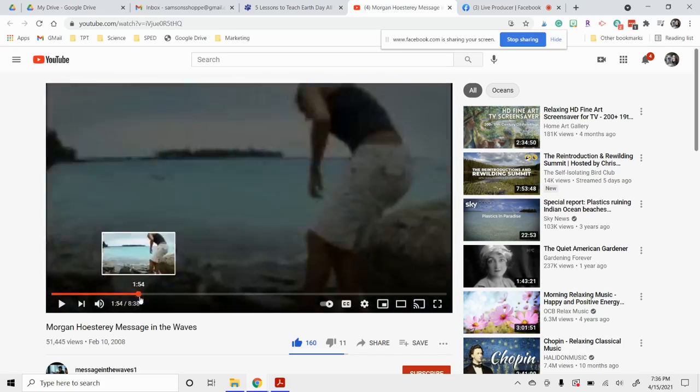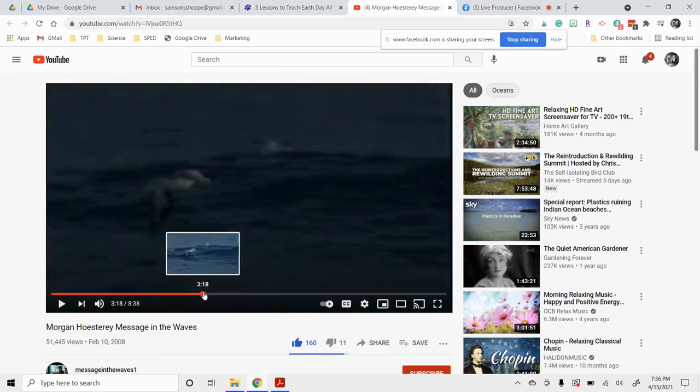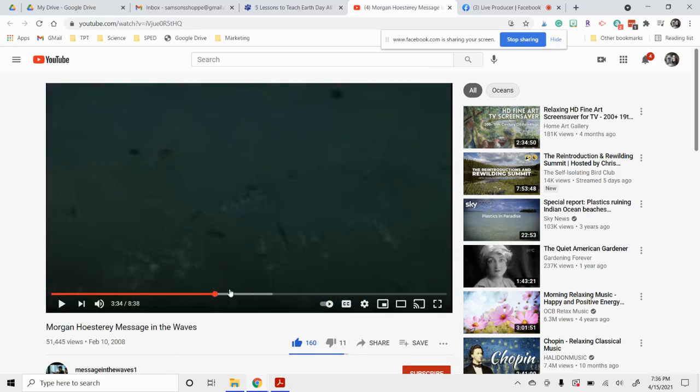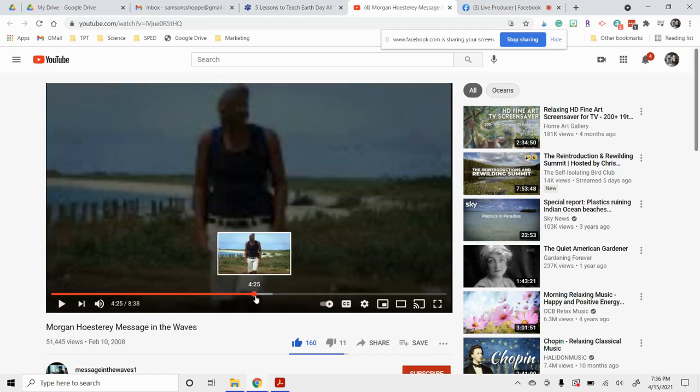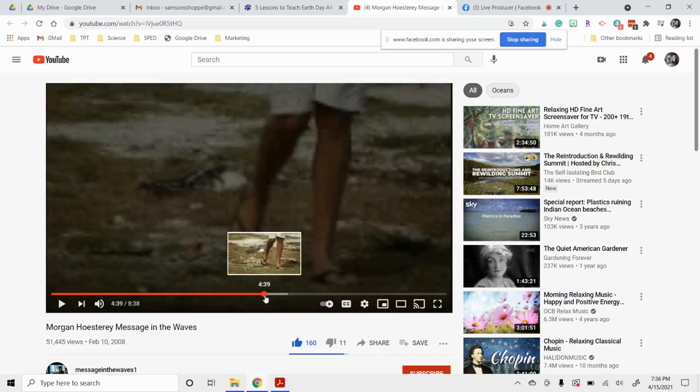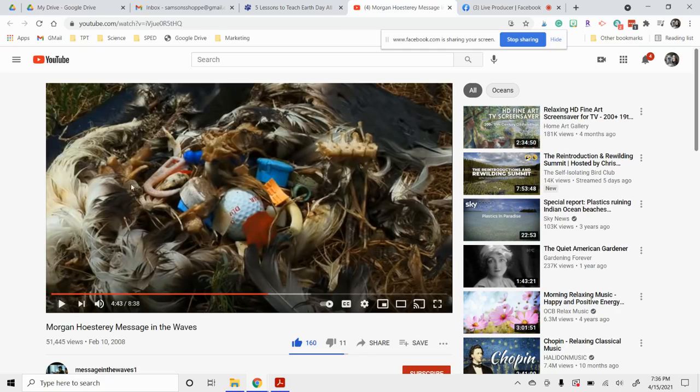When the plastics have gone away from the garbage patch, they are landing on an island called Midway Island, which is midway between Hawaii and Japan. You can see that these are plastic particles that are floating in the ocean, but then they're also affecting the albatross, which are on Midway Island. And when they are seeing the dead albatross, their bellies are filled with all of these different plastics.